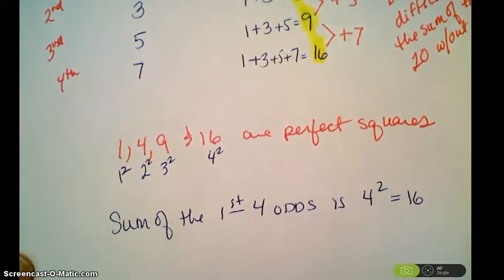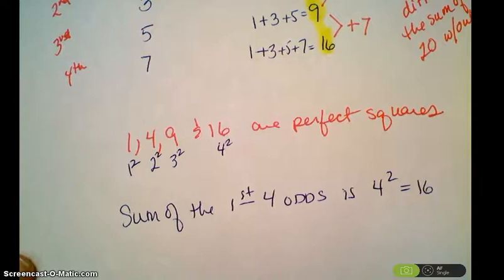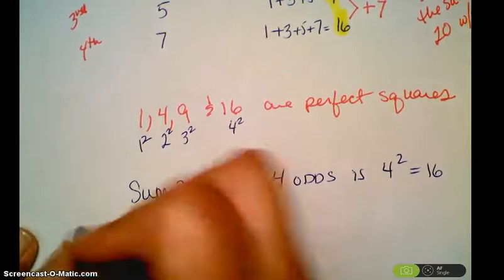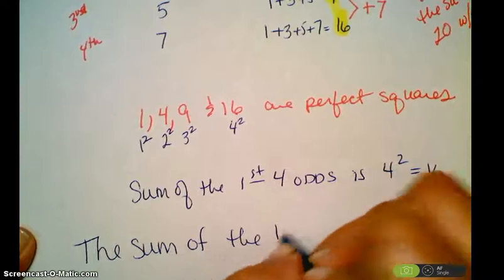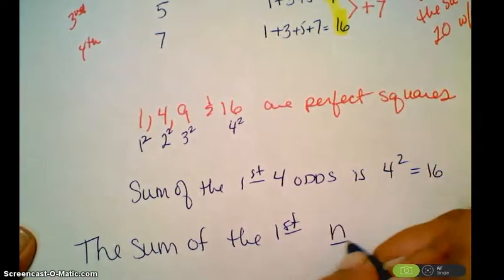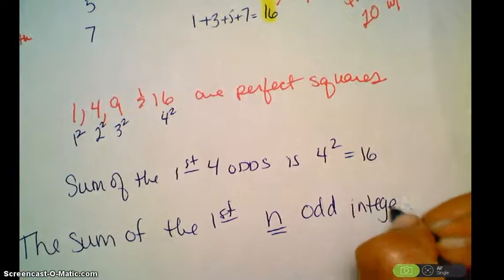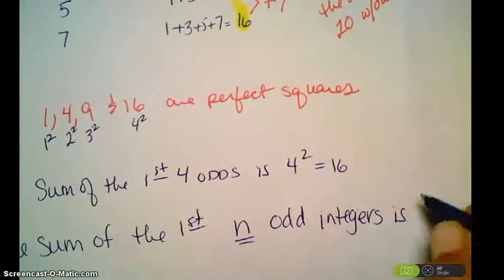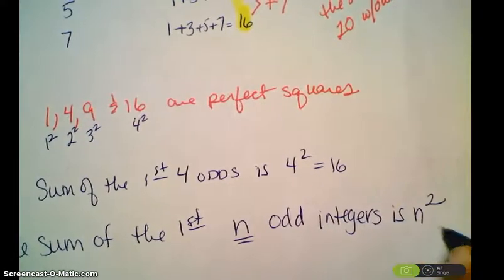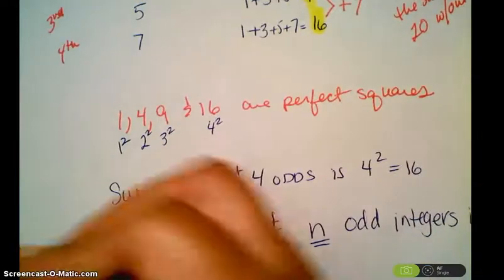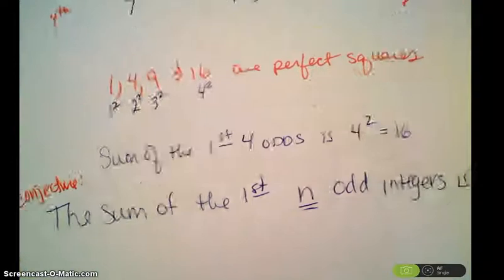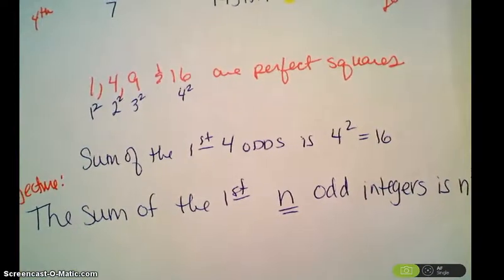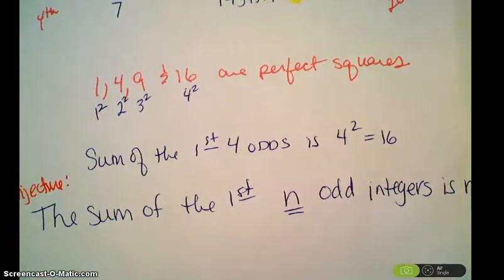So my conjecture would be the sum of the first n odd integers is n squared. Okay, let's label that as our conjecture. And then I'm going to go ahead and apply that conjecture to the question.